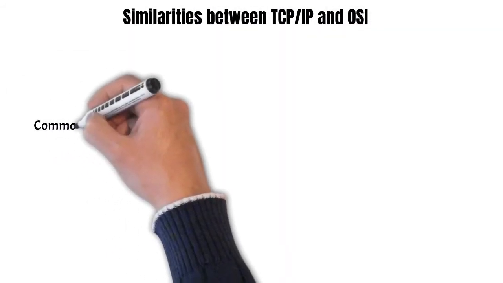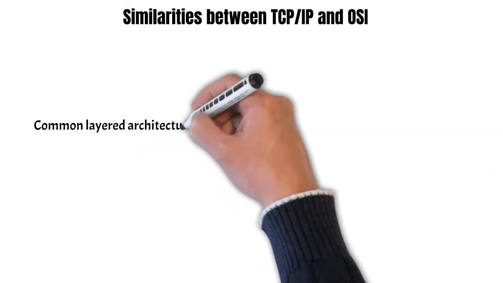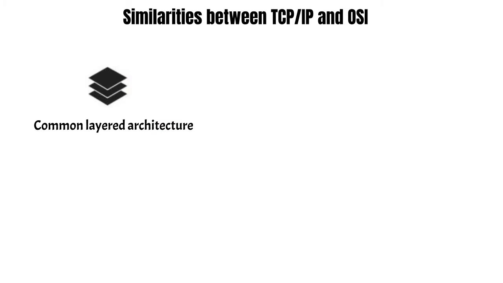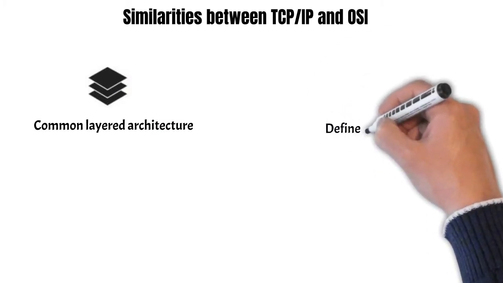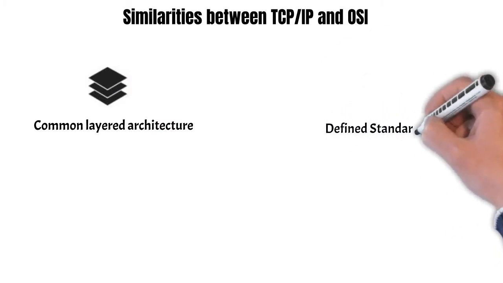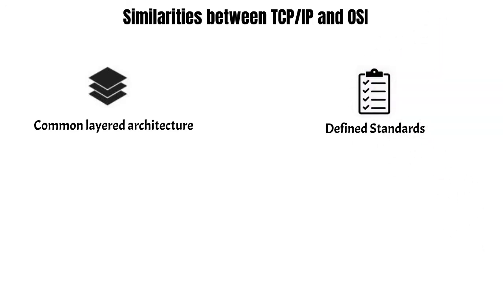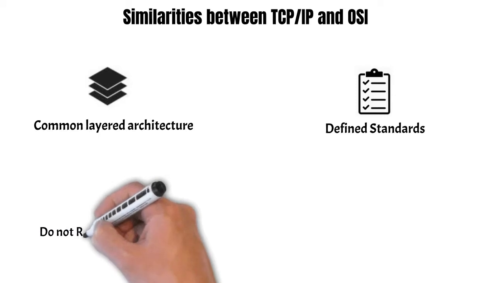Similarities between the OSI and TCP/IP reference models. Both the models are logical models and have similar architectures constructed with layers. Both the models have defined standards and they also provide the framework used for implementing the standards and devices.